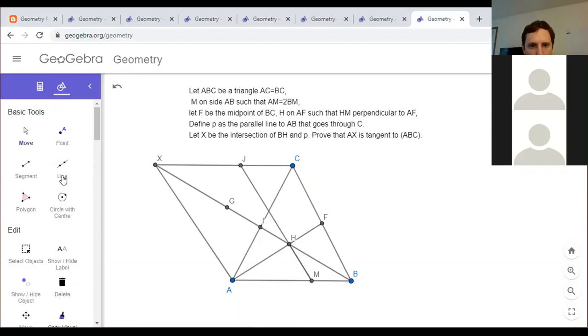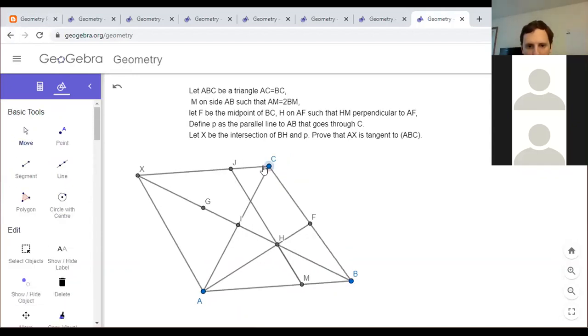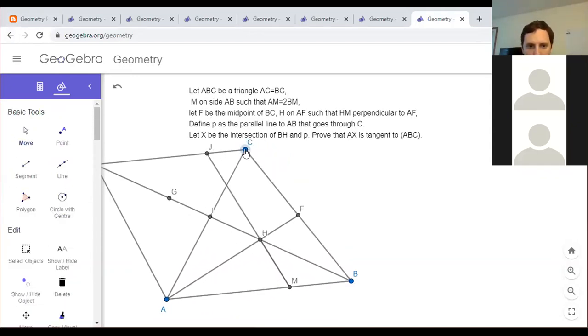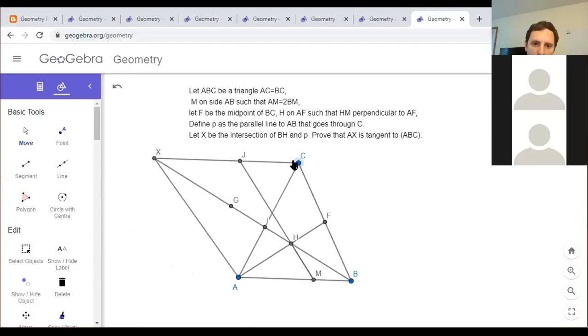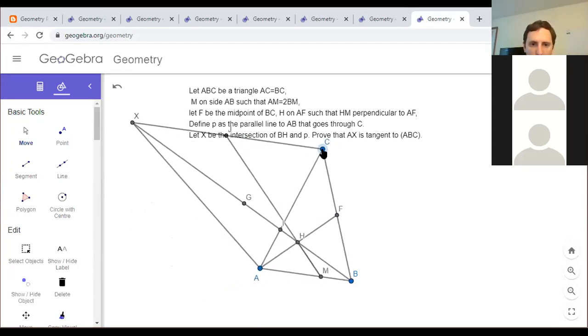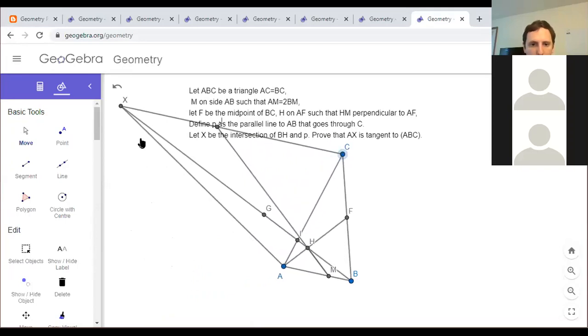I think HM is parallel to, oh no, not necessarily. I don't know if any of these three are parallel, are they? Is MJ parallel? No, they're not parallel. None of them. I think they might all concur at a point.